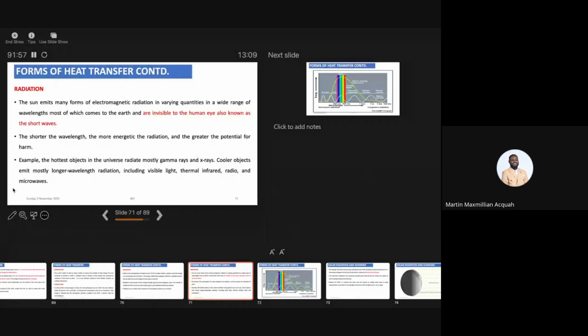The incoming rays come in short wavelength, and they are referred to as the UV rays. And as they come to the Earth's surface, some of them are deflected back, some of them are scattered.